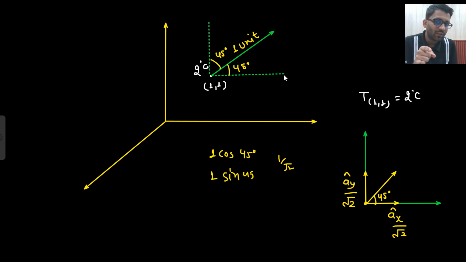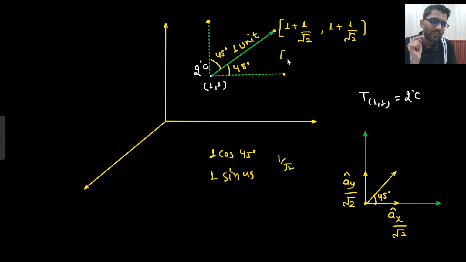So here you must have worked for 1 by root 2 and here also for 1 by root 2. So what will this point be? Can you let me know? That point will be 1 plus 1 by root 2. In x as well as in y you have moved 1 plus 1 by root 2. So this will be 1.707. Are you getting this point?